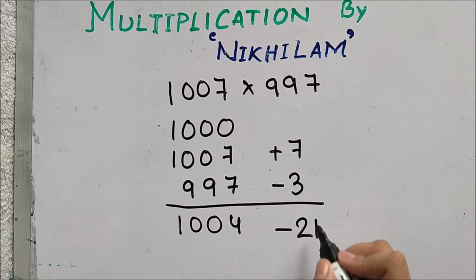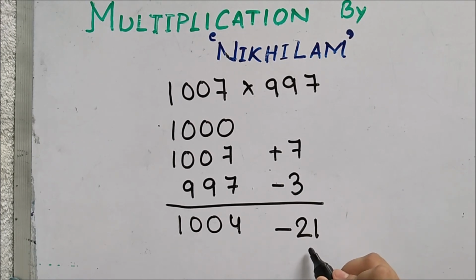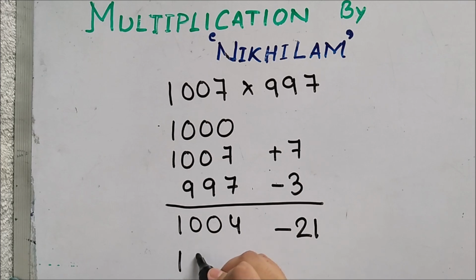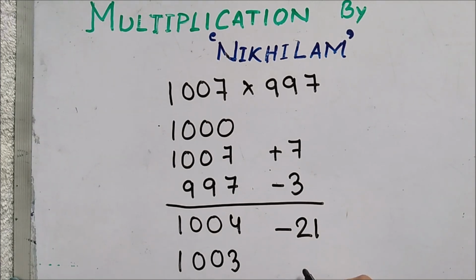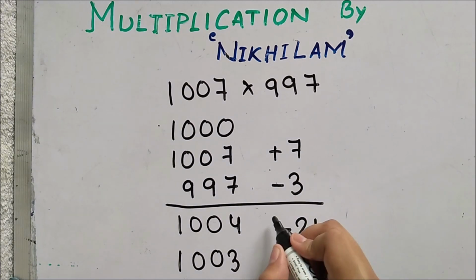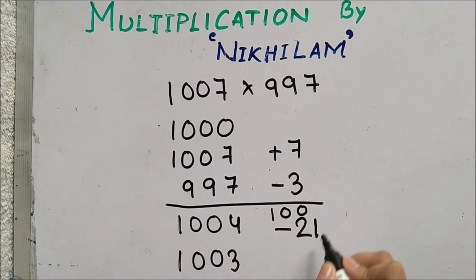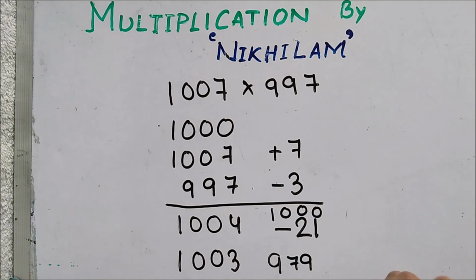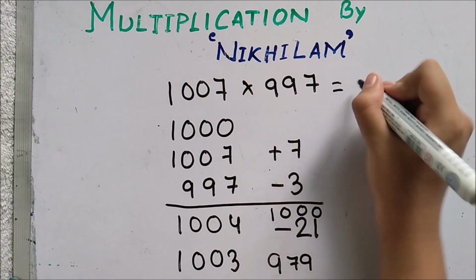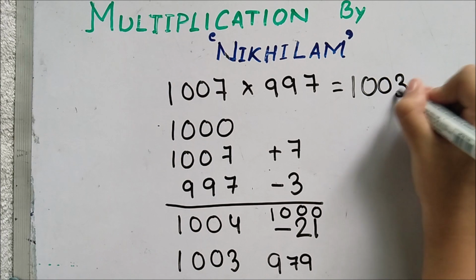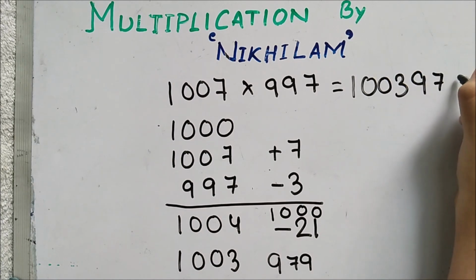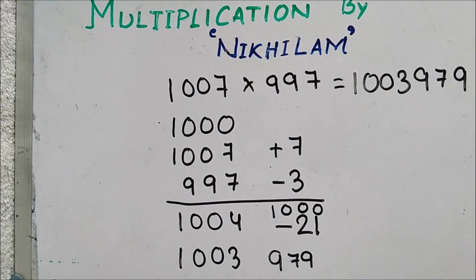Now since it is minus 21, we will borrow 1000 from here, since we have taken the base as 1000, we will subtract 21 from 1000 and our answer will be 979. Hence our answer will come as 1003979.